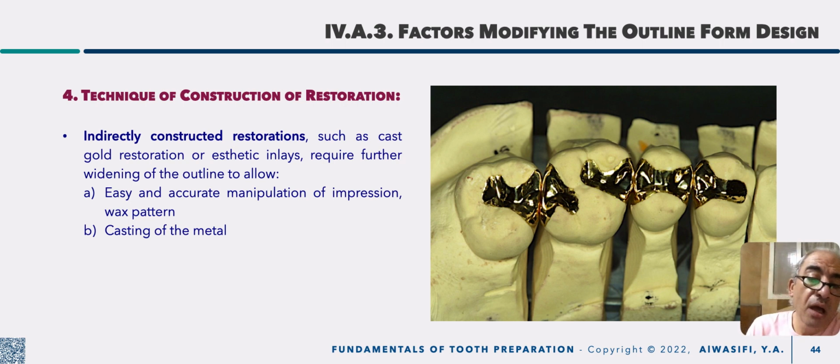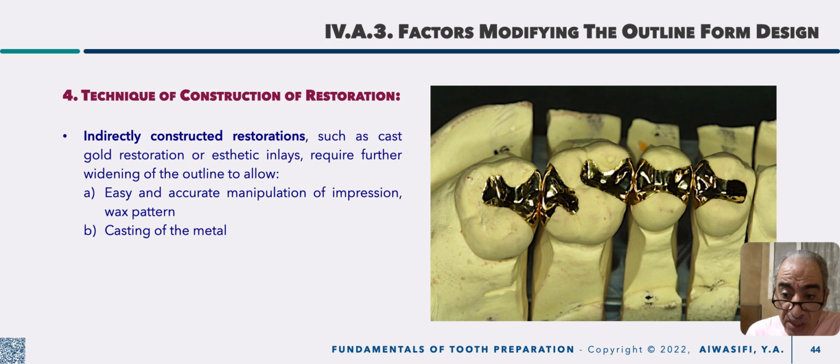As it is processed indirectly, according to the material you use cast gold restoration, but considering the physical properties of gold, you do not need to increase the outline form, because it is a highly ductile material with high strength properties.